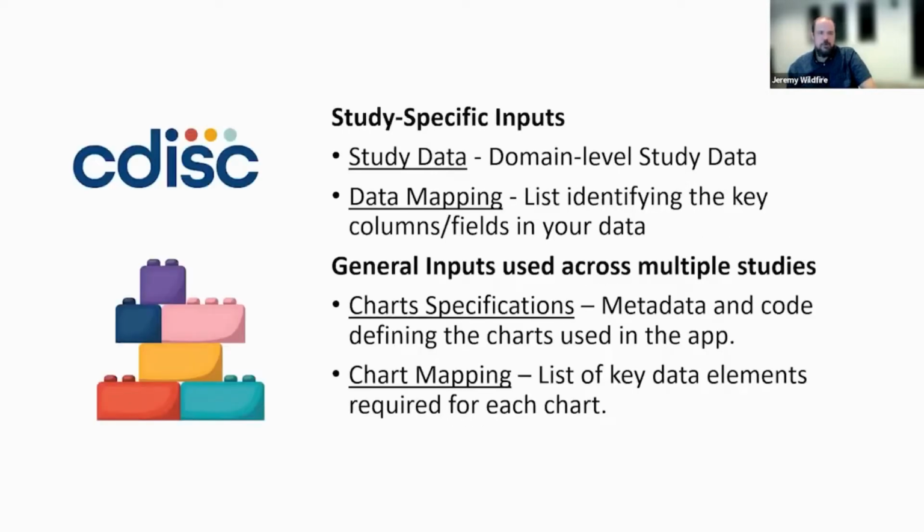Just talking a little bit more about our approach to data structure. This ties in nicely with the model we were looking at in the last presentation from Bess. We tend to have 4 different components of the charts we make, and that includes study data, as well as a data mapping that identifies the key columns and fields in your data, along with some general inputs that can be used across lots of different studies.